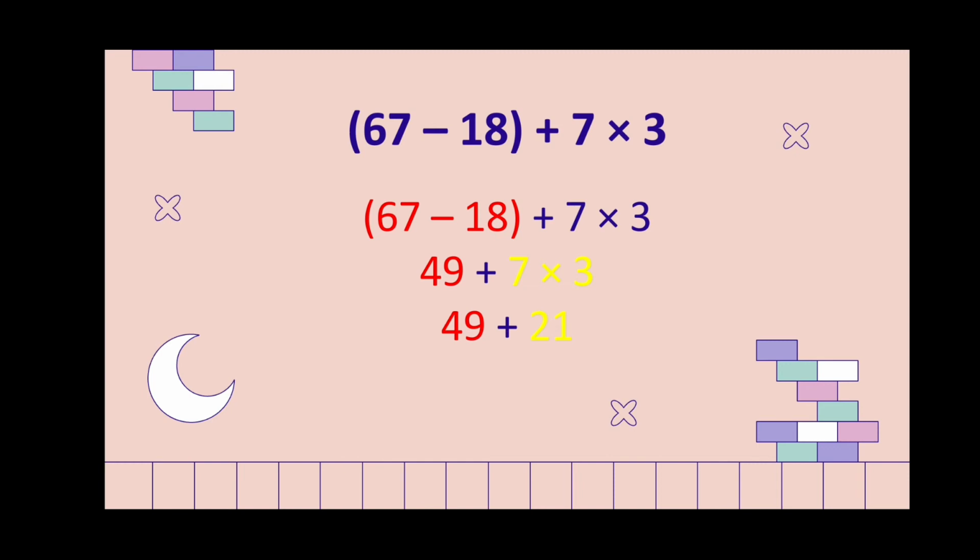Nire-write lang din naman natin ngayon ang 49 dahil hindi naman siya kasama sa pag-solve kanina. Okay, so now, since we're done at the last operation, syempre, ito na yung isa-solve natin, which is 49 plus 21, which is equal to, okay, very good, that's equal to 70.